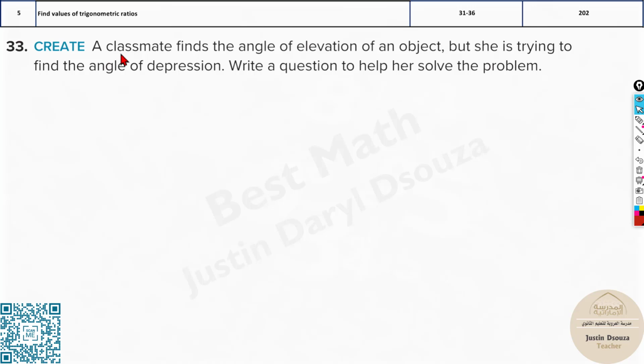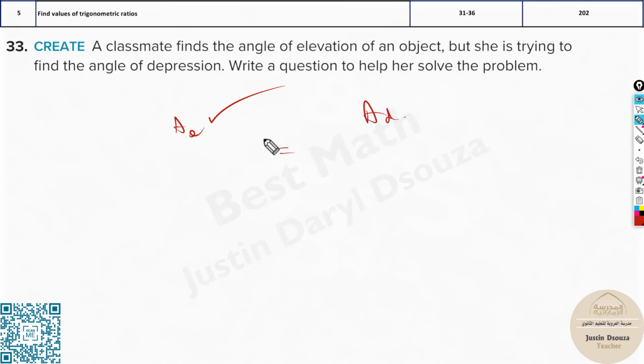A classmate finds the angle of elevation of an object, but she is trying to find the angle of depression. Write a question to help her solve the problem. Now, she has already found the angle of elevation, and she's trying to find the angle of depression. What is the relationship between them?